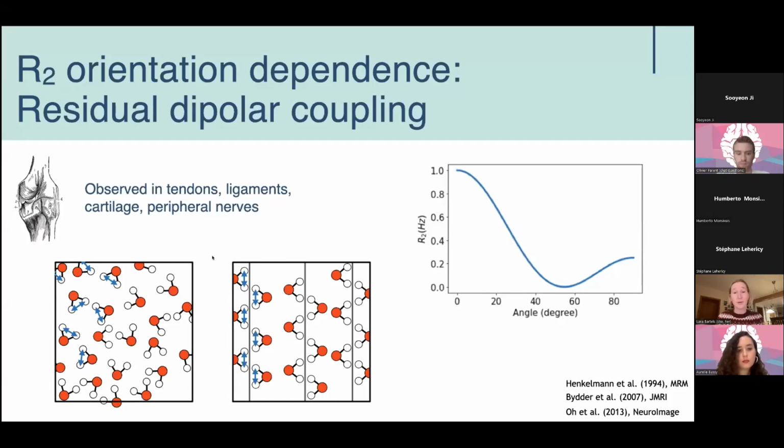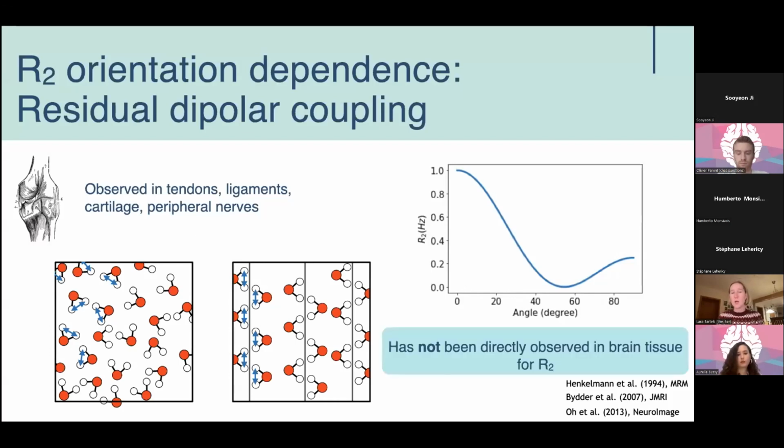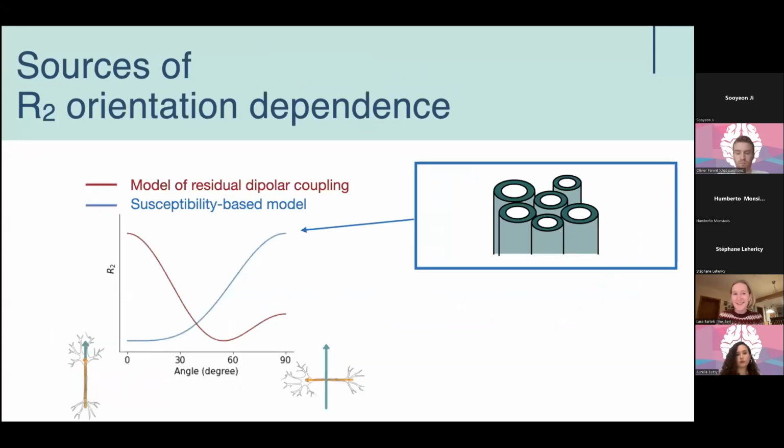And because dipole-dipole interactions are inherently orientation dependent, when the water molecules have an average preferred orientation within a voxel, the R2 relaxation also becomes orientation dependent for this voxel. This has not been observed for brain tissue in R2 yet.